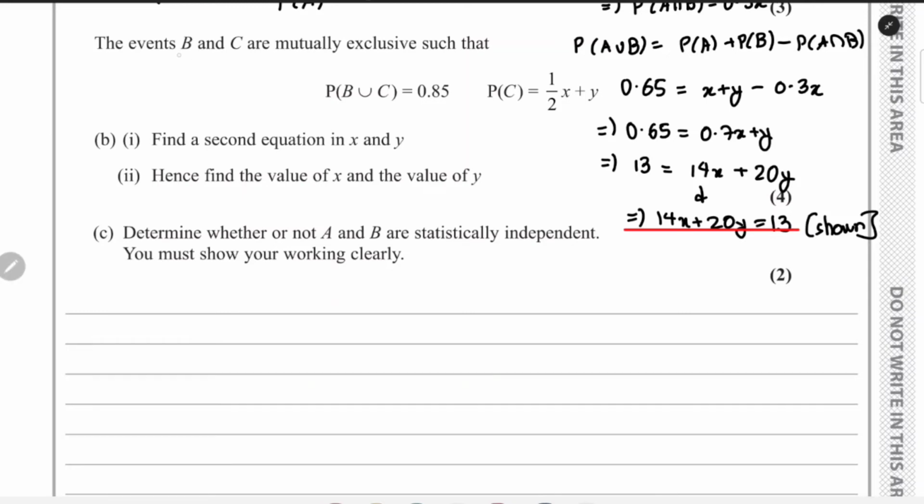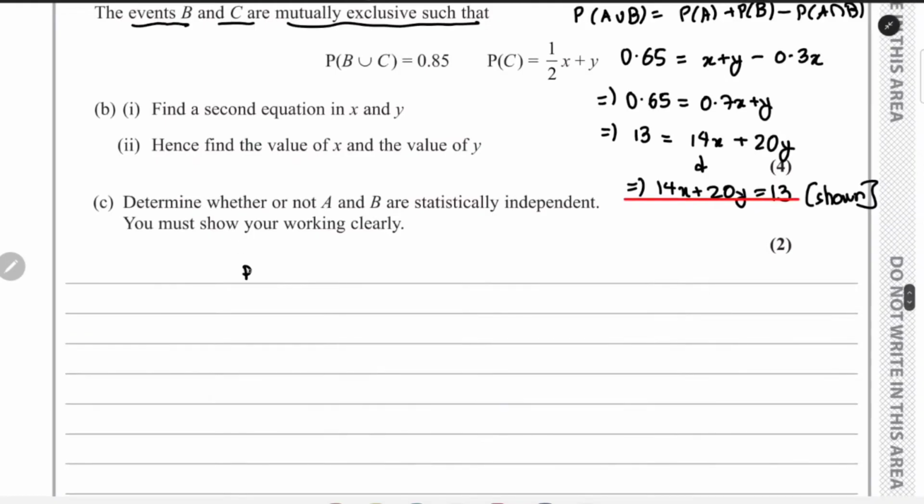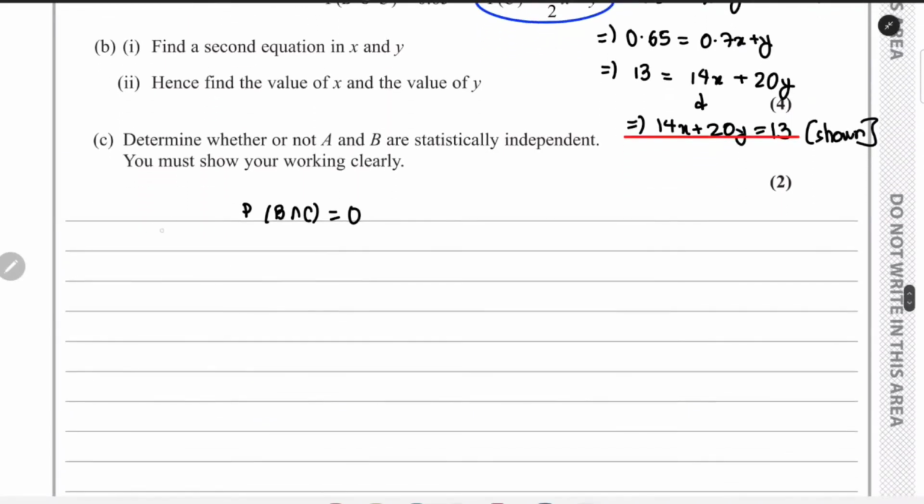Now we are given that events B and C are mutually exclusive. So probability of B intersection C is 0. We are also given probability of C over here. So probability of B union C would be probability of B plus probability of C minus probability of B intersection C, but this is 0.